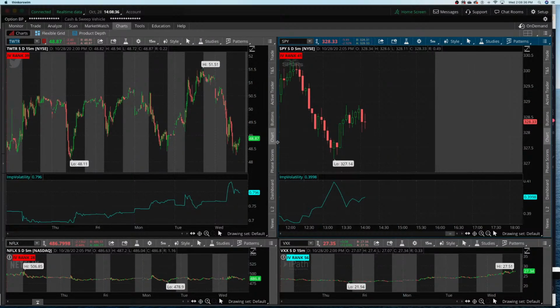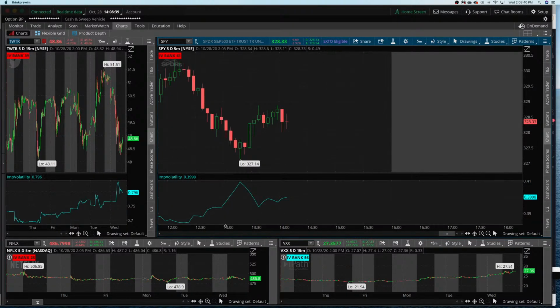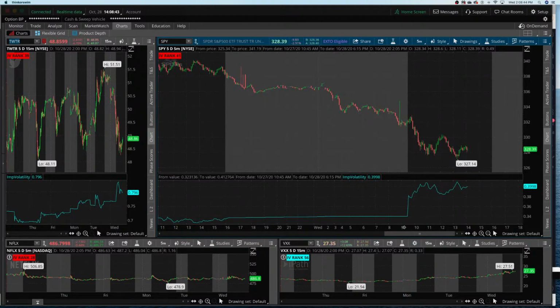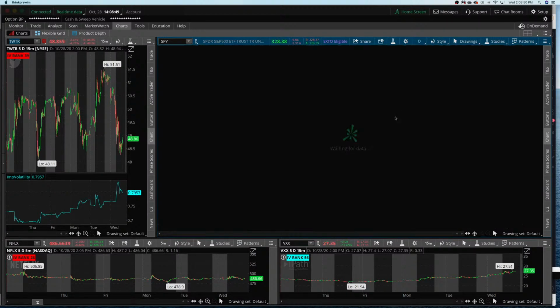Just going to make this a little bit bigger so it's easier to see. Let's look at a day chart.